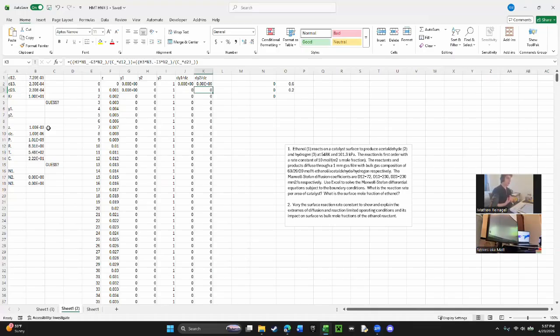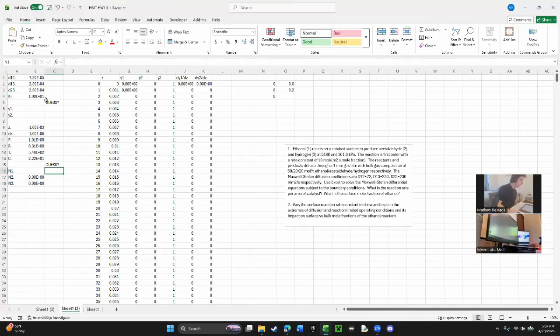So where we can start is if we want to proceed with the Maxwell equation that we did earlier, we got to a step where we said that the molar flux equals the diffusivity multiplied by, let me pull it up. This is just me pulling up the previous notes that we had. We said that the molar flux equals the pressure times the diffusivity, divided by the gas constant, temperature, and the length of our system.